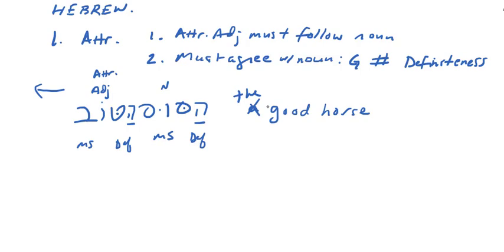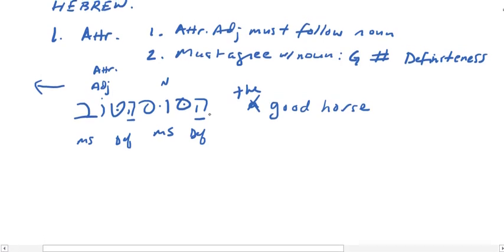Now, on the next page, we have an example of a situation where it looks like we might on occasion get a mismatch. But if you know your nouns and their genders, it's not a mismatch at all. The word eretz means what? It's land, right? And what gender is land?